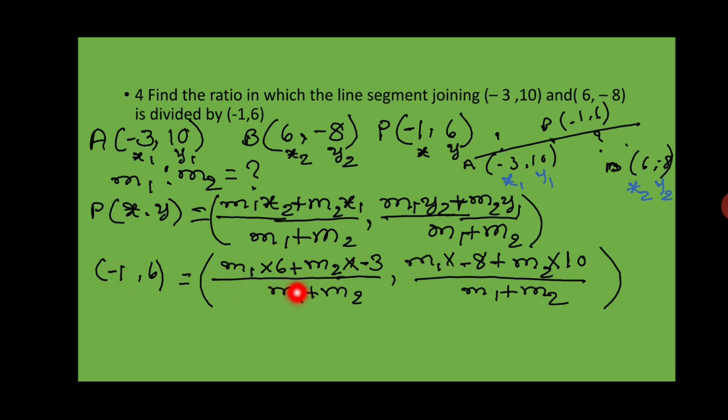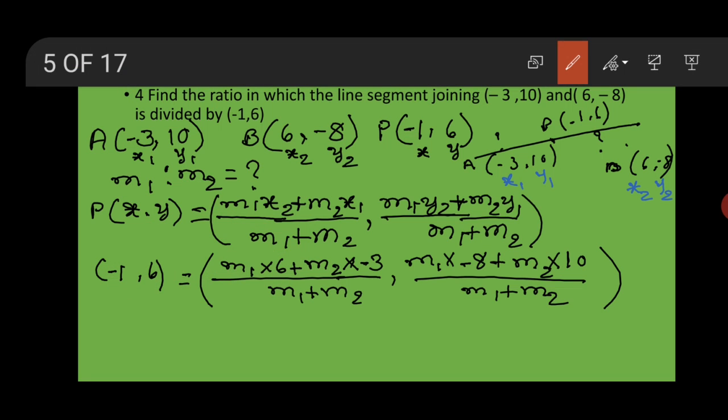Now we can find any one of the coordinates, either x or y. See here, this is x coordinate, so x coordinate is equal to x coordinate, or y coordinate is equal to y coordinate. We can take any one of the coordinates.